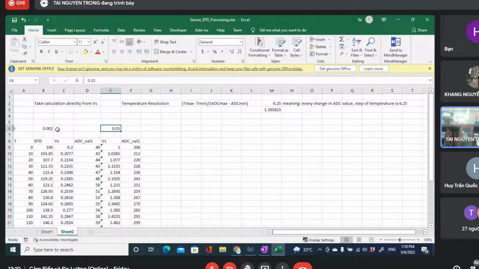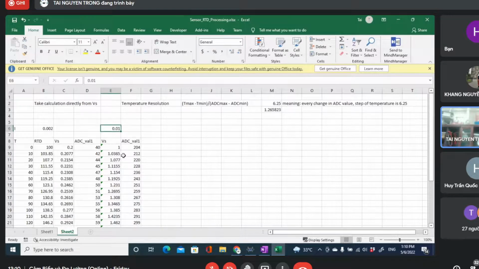If we increase this one, it's okay, it will have more sensitivity, but in this case, it will cause self-heating on the sensor, and it will cause inaccuracy of the sensor element.